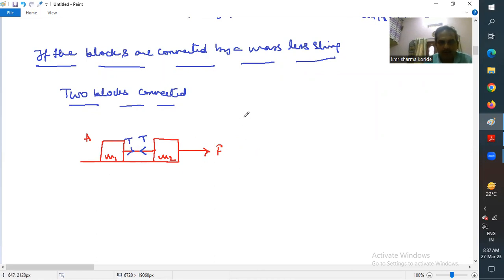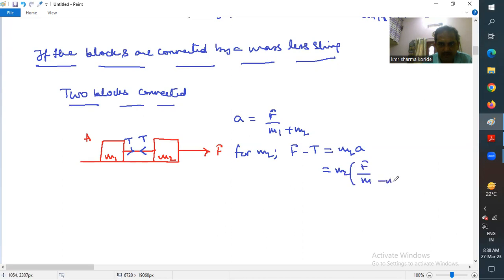So therefore the common acceleration A is equal to F by M1 plus M2. So for M2, F favors but tension opposes. So it is going to be M2A, M2 of F by M1 plus M2.